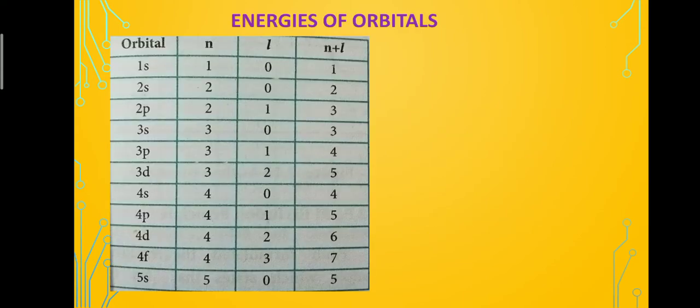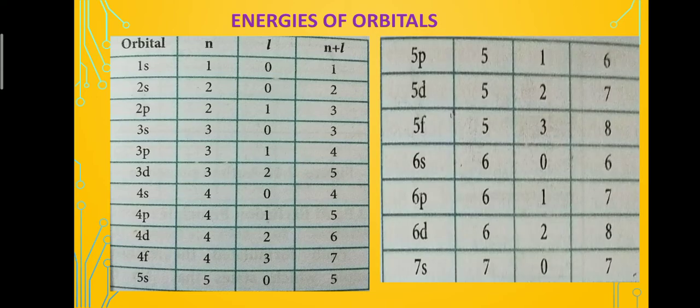And let's see this. Look at these two pictures. Here we have n plus l values of different orbitals, and look at the principal quantum number. Here 2s has n equal to 2, and 2p also has n equal to 2.